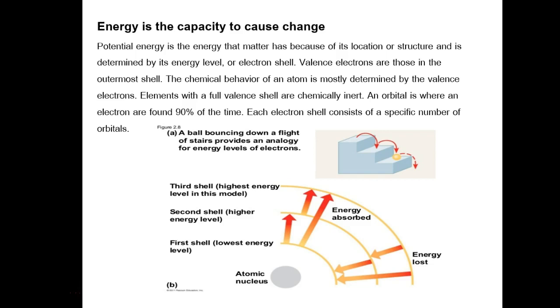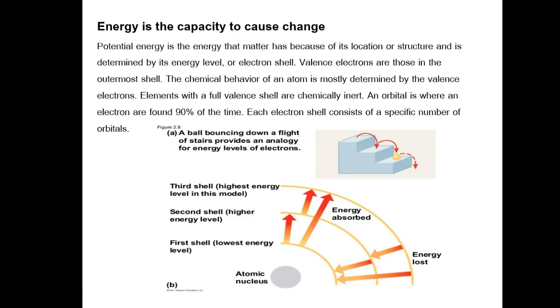And actually, generally, not all the time, the further the electron is from the positively charged nucleus, the higher the potential energy. So electrons in the outermost shell, the ones that are the farthest from the nucleus, have the most potential energy, and they are the ones that actually cause the bonding and cause the chemical reactions.